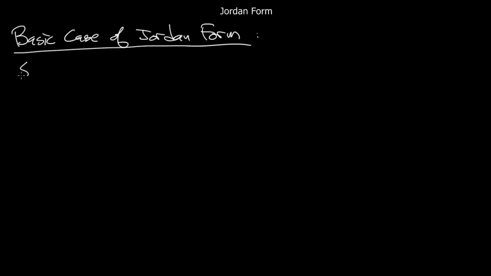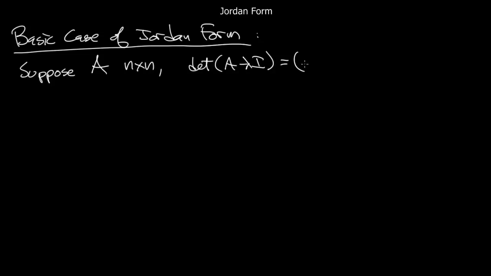And here's the basic case of Jordan form. It says the following. Suppose A is an n by n matrix, and the determinant of A minus lambda I is A minus lambda to the n. There's one repeated root with multiplicity n.